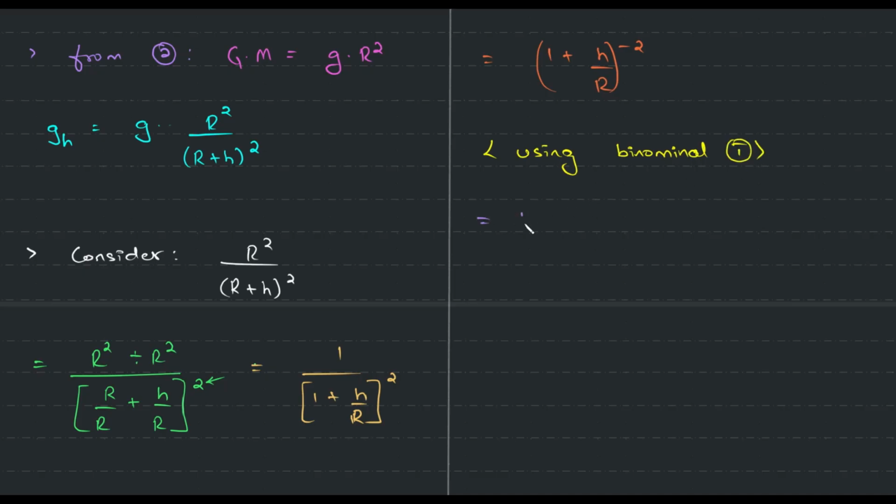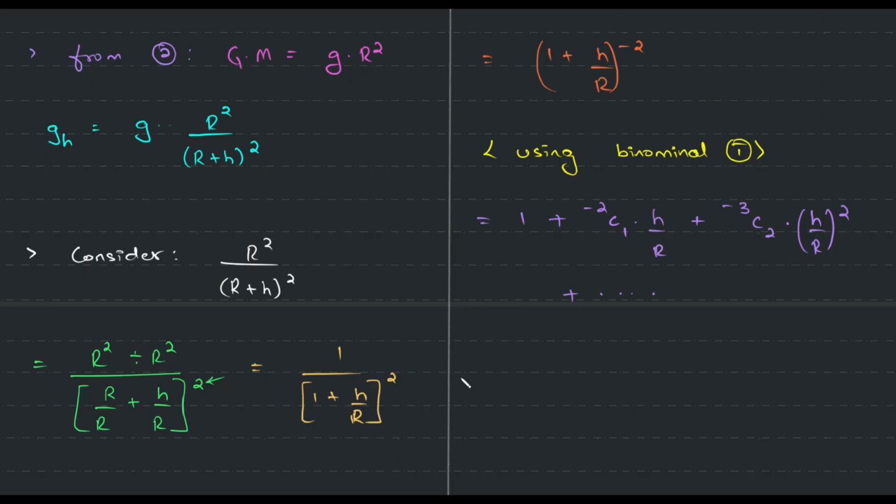So we have 1 plus (-2)C1 h/r, plus (-3)C2 (h/r) the whole square, plus so on and so forth.